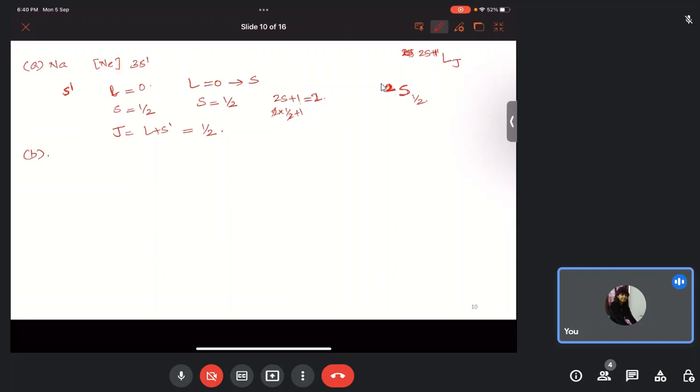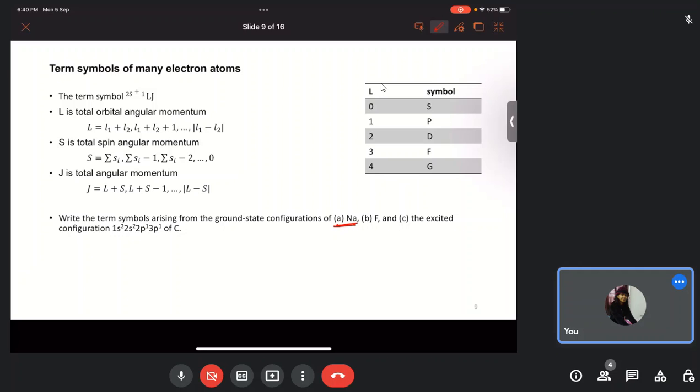Now the second one is to find the term symbol for the ground state configuration of the fluorine atom.